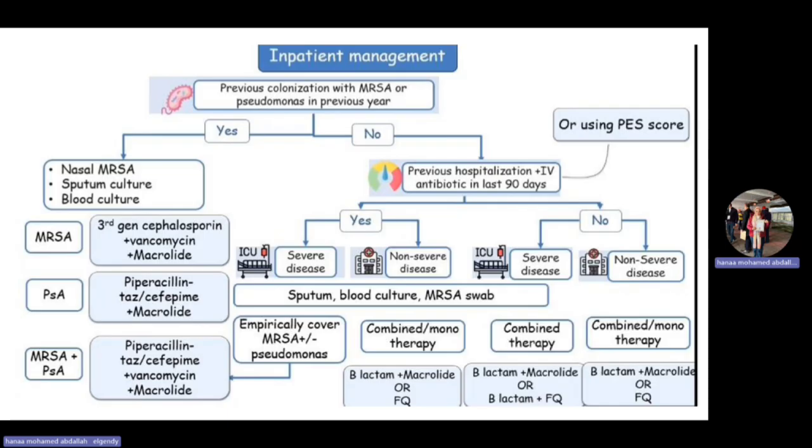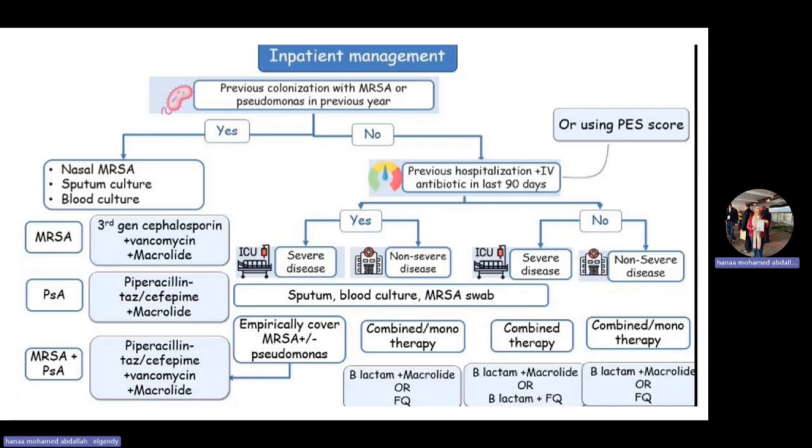If the patient has no previous colonization with MRSA or Pseudomonas, but has previous hospitalization and IV antibiotic, and has a severe disease, admitted in the ICU, we should start with empirical cover for MRSA and plus or minus Pseudomonas from the start, with coverage of atypical pneumonia.